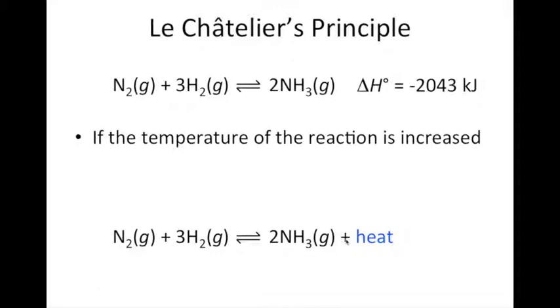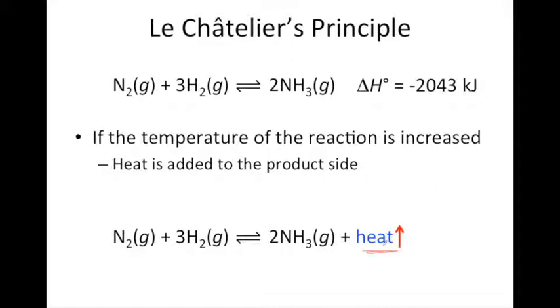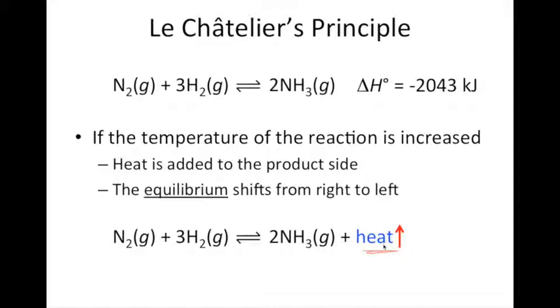Well, if the temperature of the reaction is increased, what's going to happen? Increasing the temperature, essentially we're adding heat to this reaction, so we're increasing one of our products. Well, what does Le Chatelier's principle tell us? If we increase one of our products, the equilibrium will shift away from that increase.